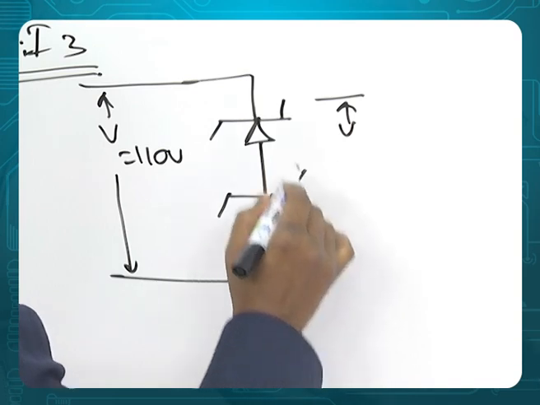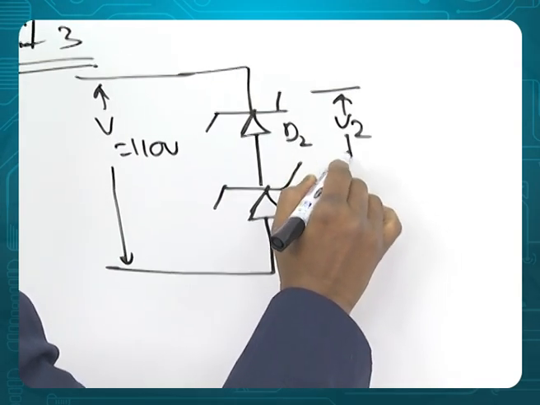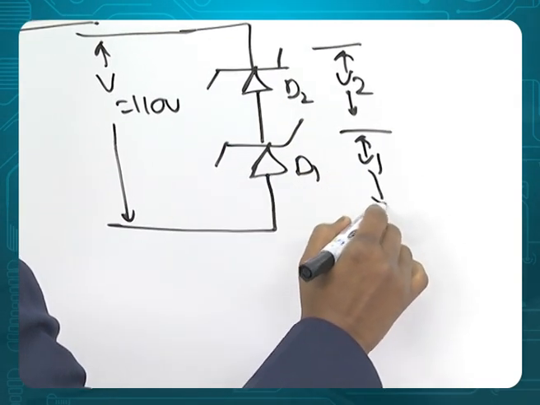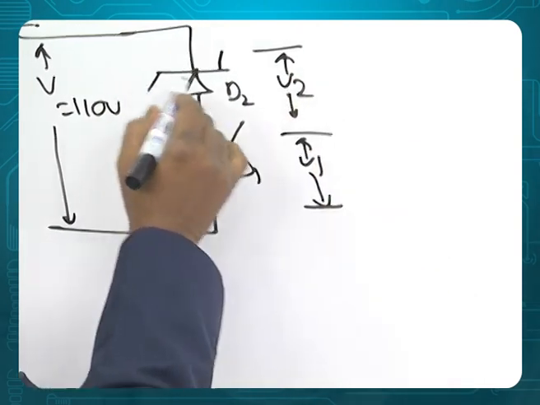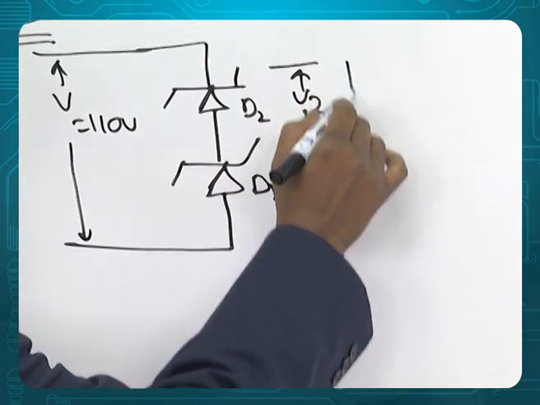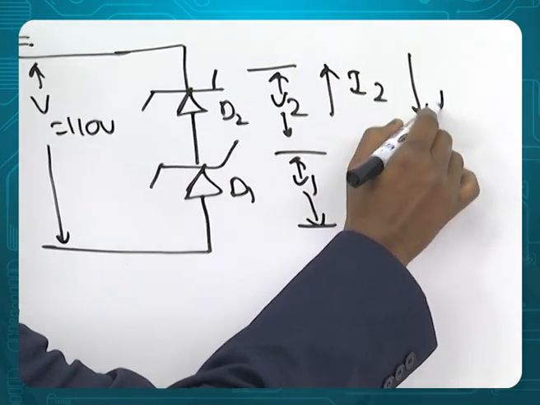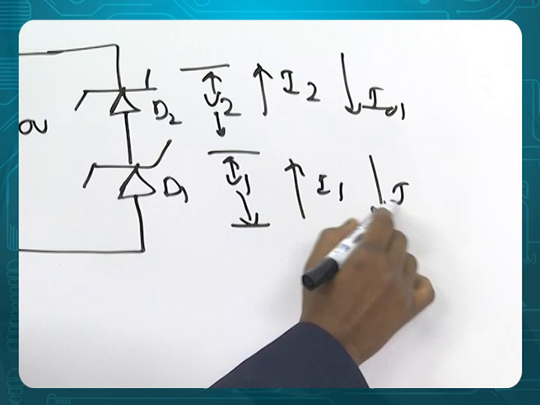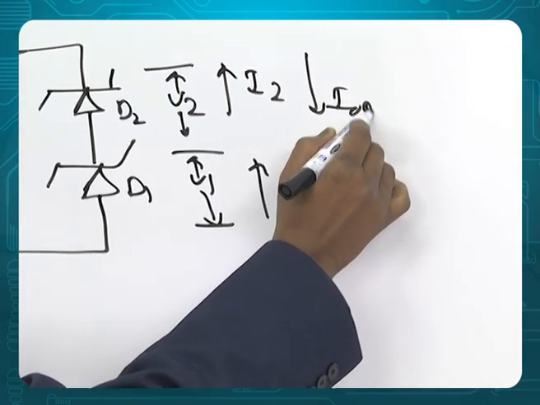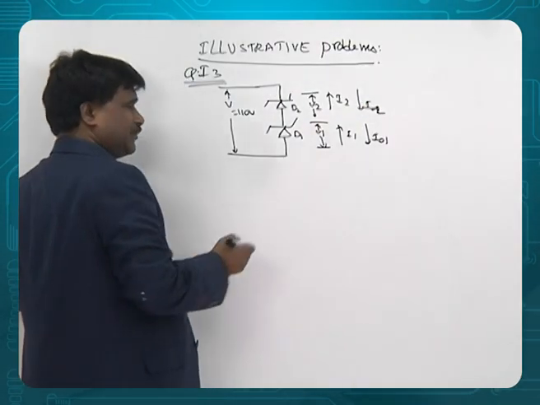And let us say D1, D2, V2, V1. I2, I1, I01, I01, I02. Okay.